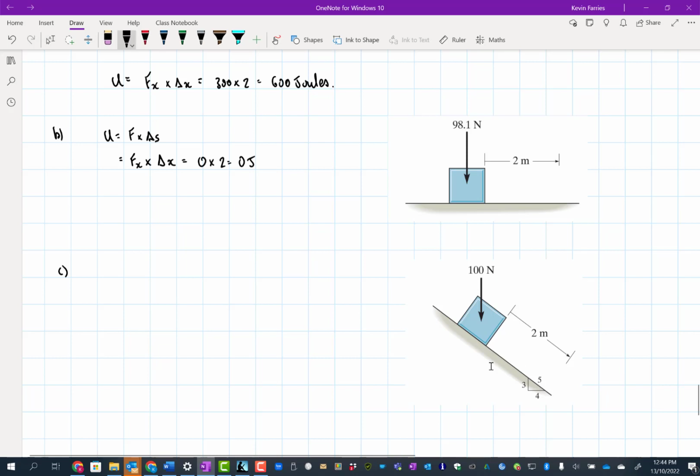So find, using component of force in direction of displacement, same as we did for the first example.